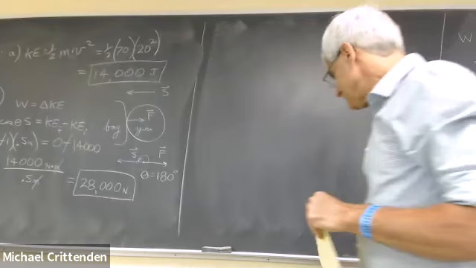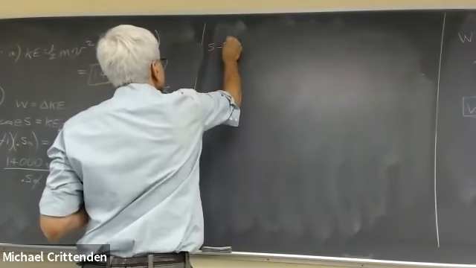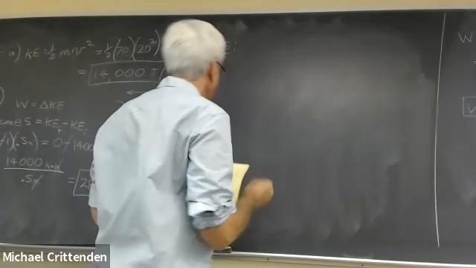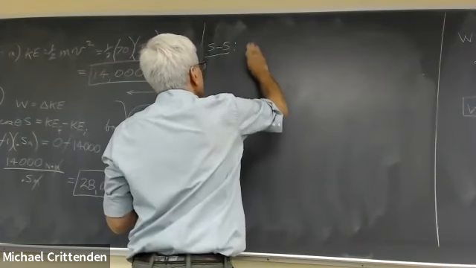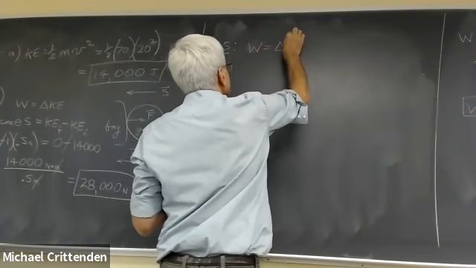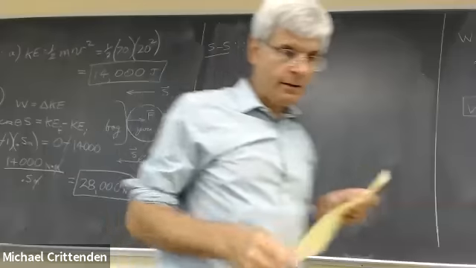Number 5. So the strategy is to find the work from W equals change in kinetic energy.